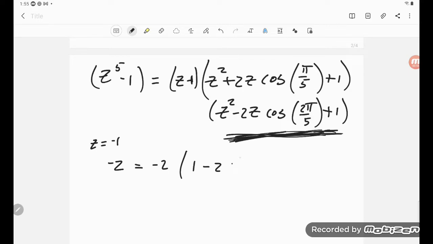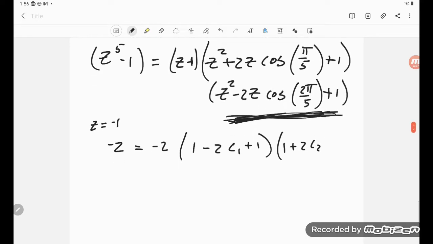And instead of cosine of pi over 5, I'm going to write C1, just to make it a little simpler. Then I'll get a 1 and a plus 2, and I'll call this one C2, with the cosine 2 pi over 5, and then plus 1.